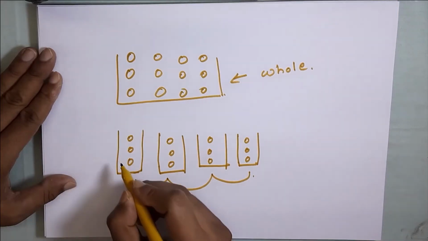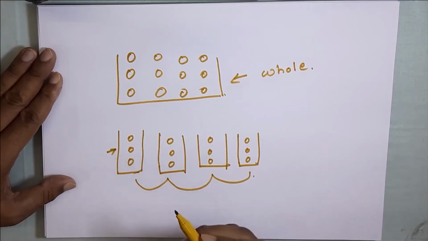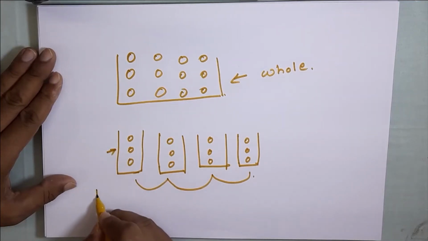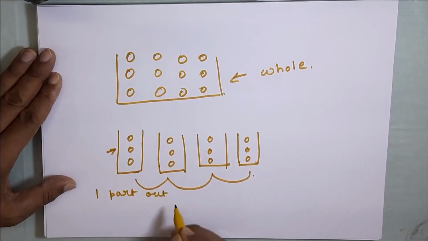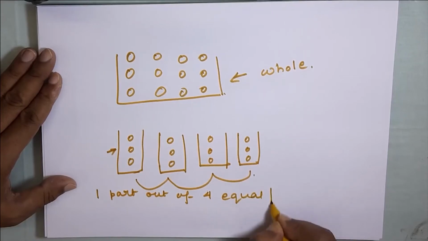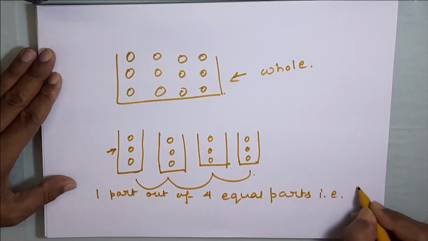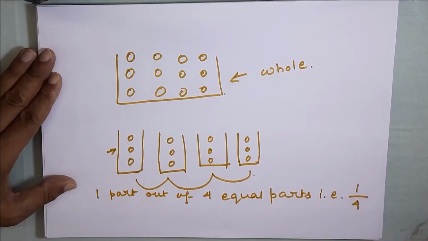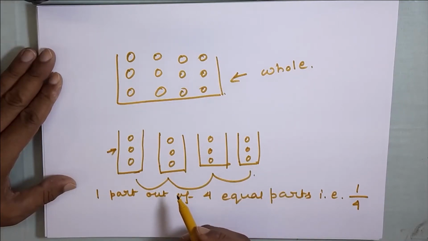Now, if we want to designate or signify this part, we call it one part out of four equal parts. That is one out of four. Now we want to explain or designate two parts out of four.